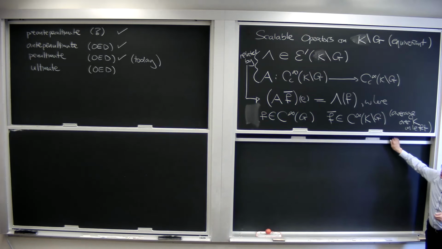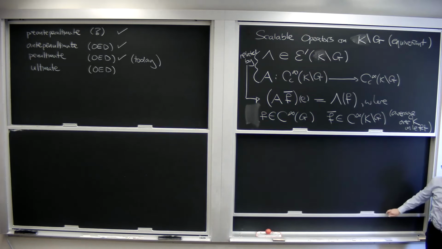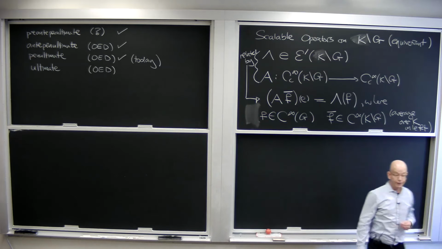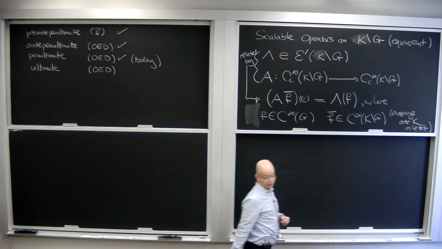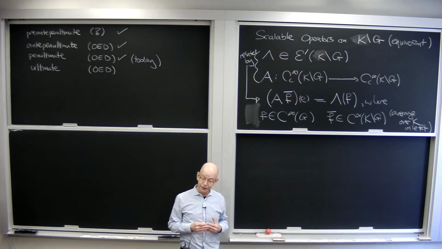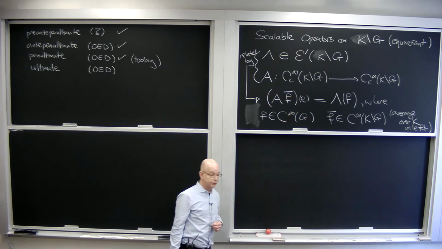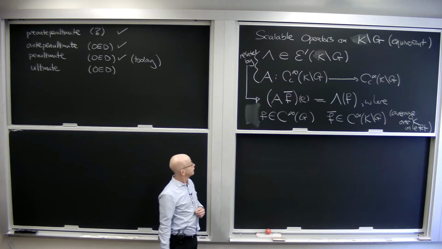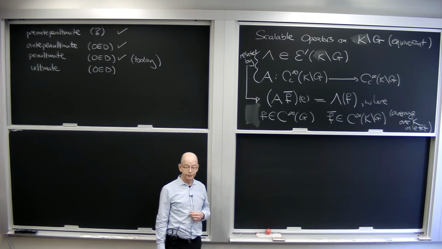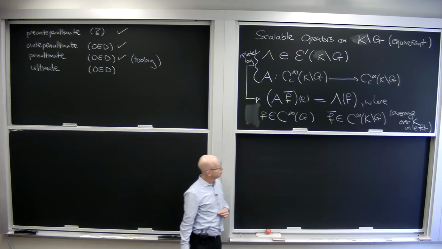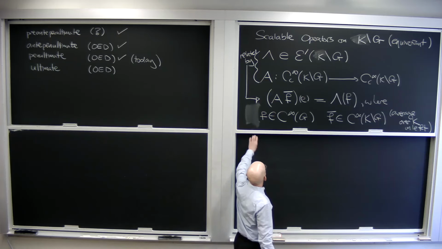If you're interested in scalable operators, then you're not allowed to start with arbitrary distributions, because arbitrary distributions don't give this special class of scalable operators, pseudo-differential operators. And so let's just figure out how to express the fact that some distribution lambda corresponds to an actual scalable operator. Oh, I missed off one little thing here.